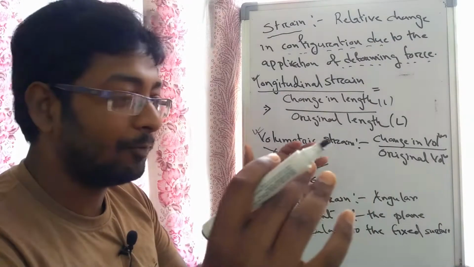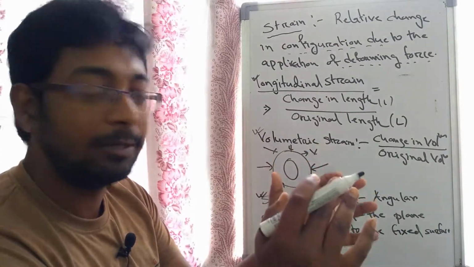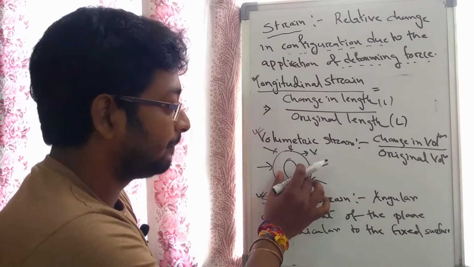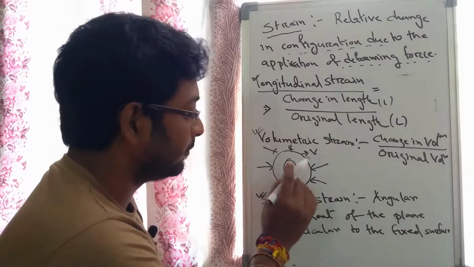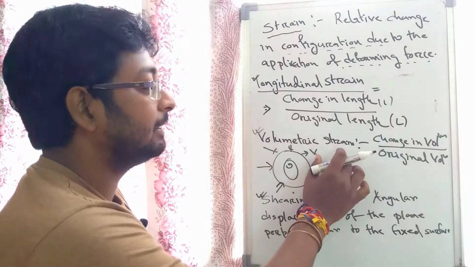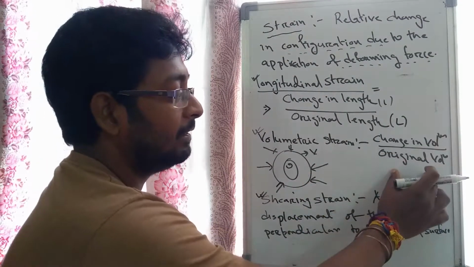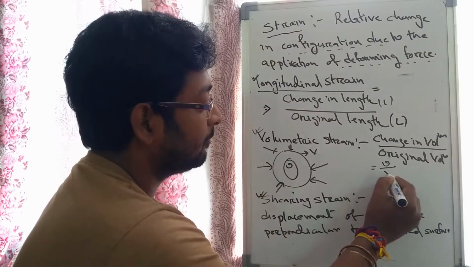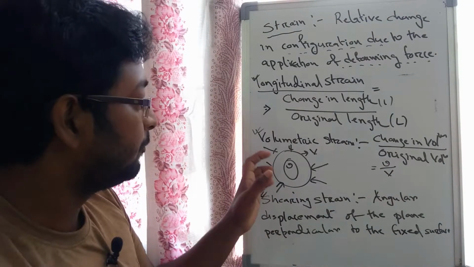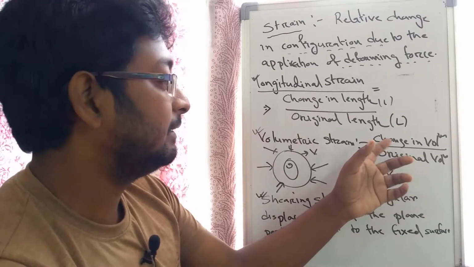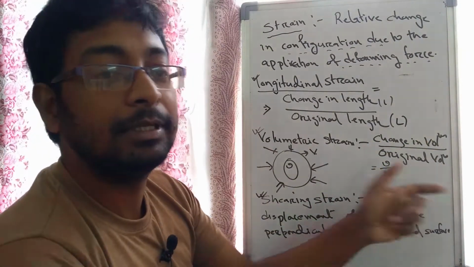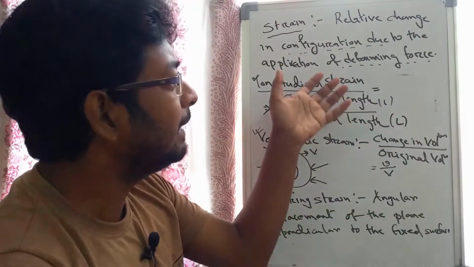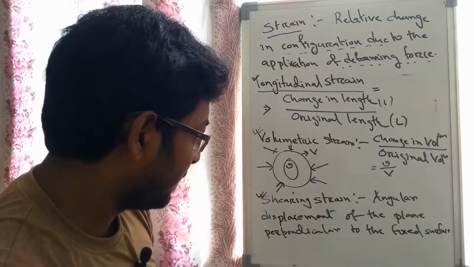If I press this balloon, its volume gets reduced. So this is the ratio between the change in volume and the original volume. The change in volume may be small v and the original volume is capital V. So volumetric strain is the change in volume divided by the original volume after applying some deforming force.